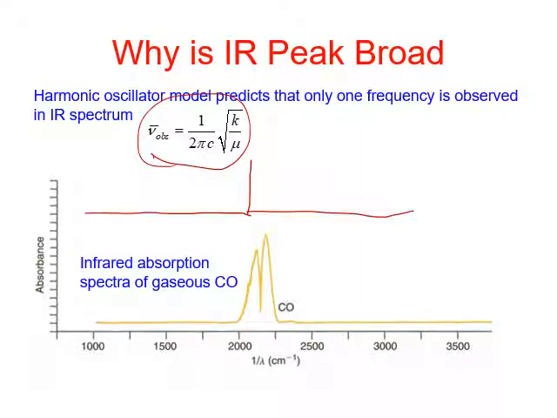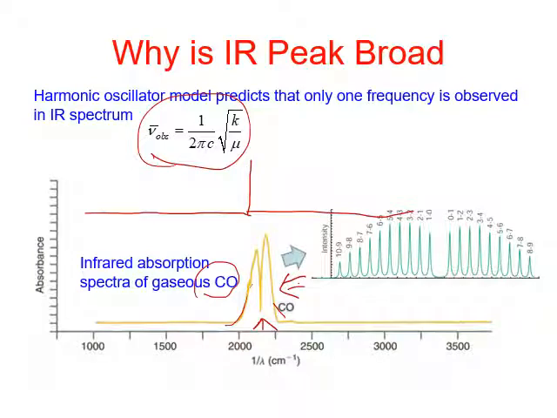But in reality, when we do infrared for carbon monoxide, for example, we see a broad absorption. This is a very broad absorption. In fact, there's a missing peak in the center. If you have a high resolution, you actually see many, many small peaks.